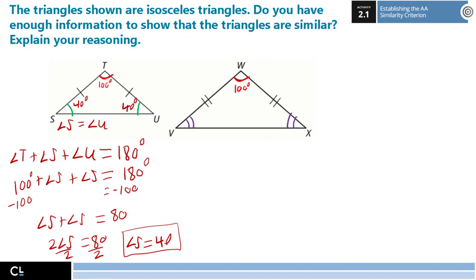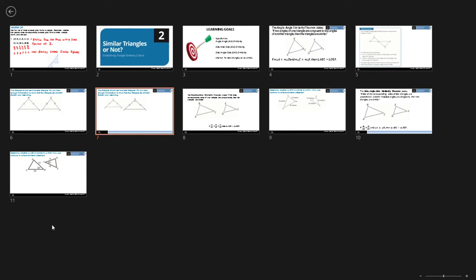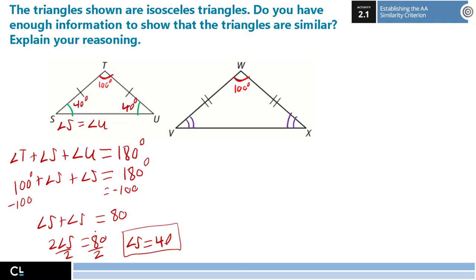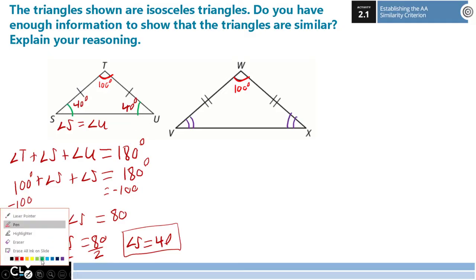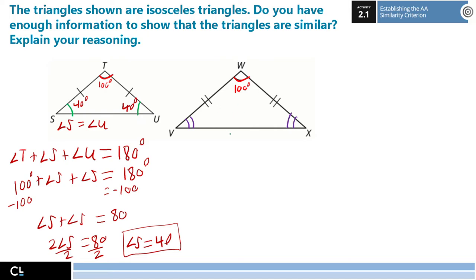Now, the thing we could look at is my next problem here. We could look at the next problem, the other triangle, and we could actually do the same exact thing. We could say angle W plus angle V plus angle X equals, once again, 180 because it's a triangle.